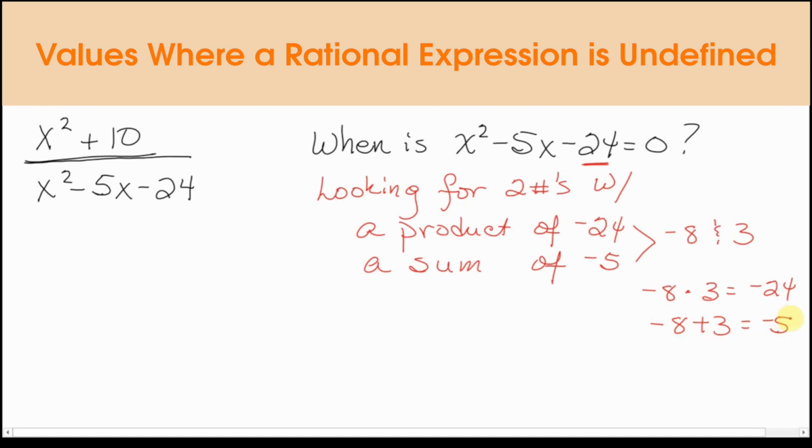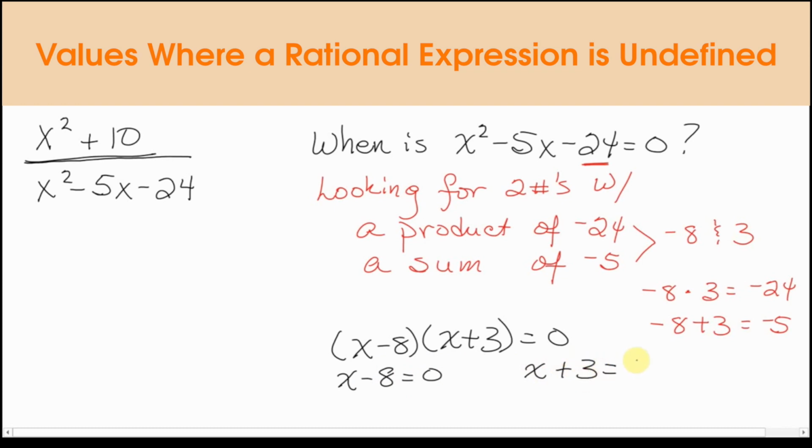So that factors into x minus 8 times x plus 3 equals 0. Remember, by the zero product property, if we have two or more things multiplied together to give 0, then one or more of those things had to be equal to 0. So we split them apart and solve for x.